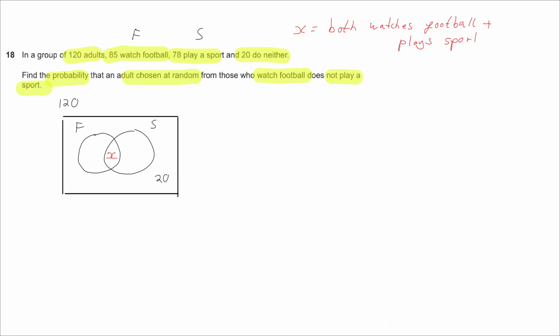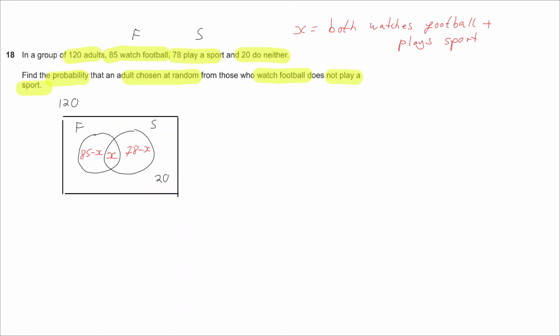This is what you don't know. Now, the whole of this circle is worth 85, so just this part here must be 85 take away X. And then the whole of this circle is worth 78, which means that just this part, not the middle part, must be 78 take away X.